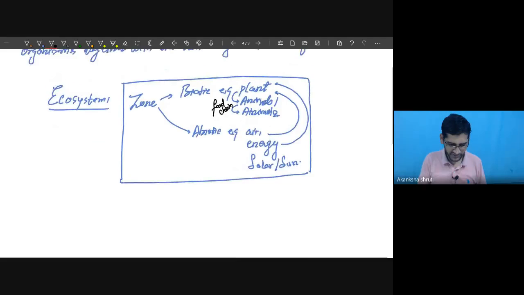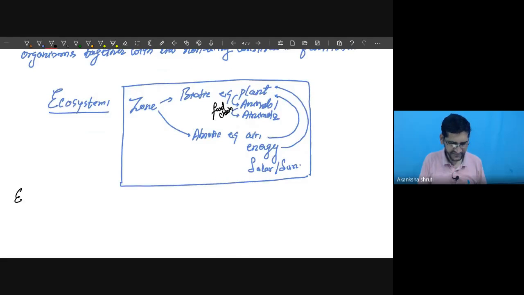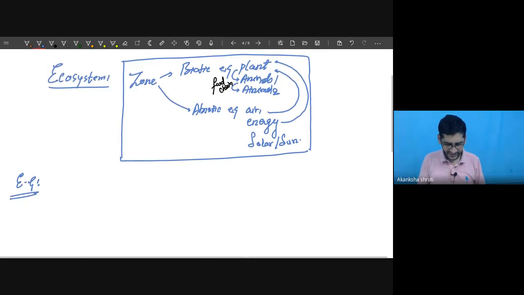Students, let us take an example of an ecosystem. If we consider a river, a river is an ecosystem. What is inside the river? There are various aquatic plants.